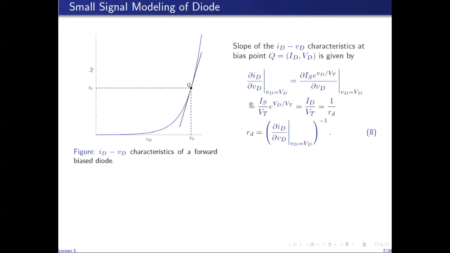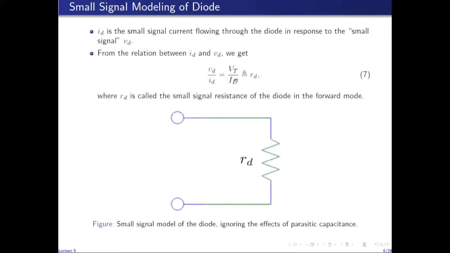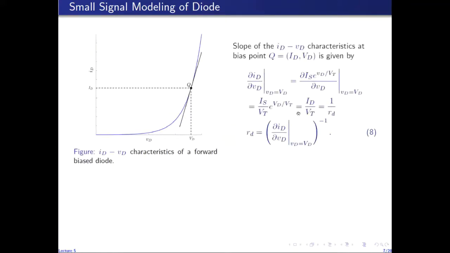When we do that, we get this ratio, where the numerator is the diode DC current ID, and the denominator is VT. We have already defined VT over ID to be rd. So ID over VT becomes 1 over rd.